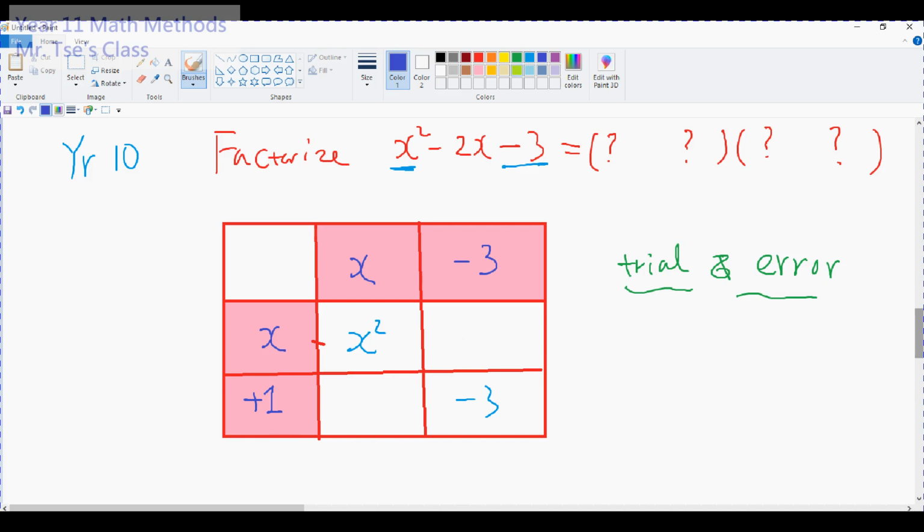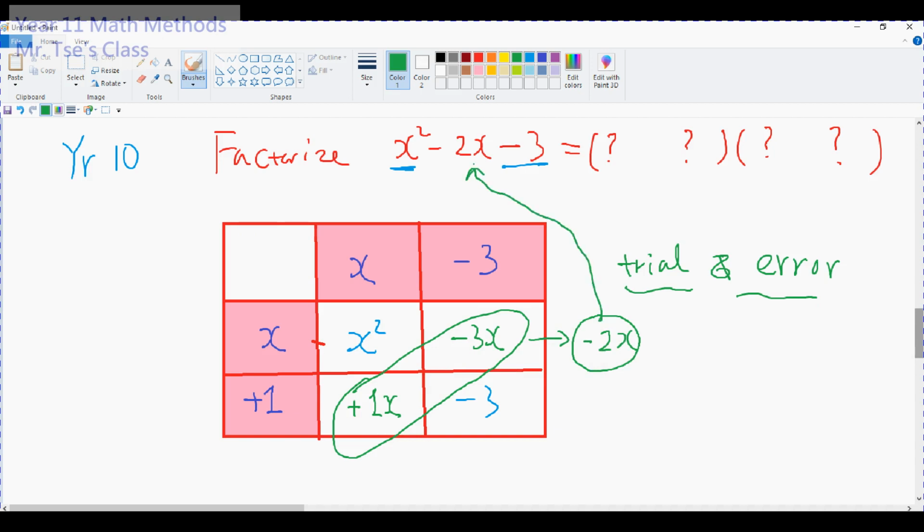In that case, I got minus 3x here, and I got plus 1x right here. So these are two like terms. When I add them up, plus 1x minus 3x, which is minus 2x. And minus 2x is really the middle term, so that's bingo.